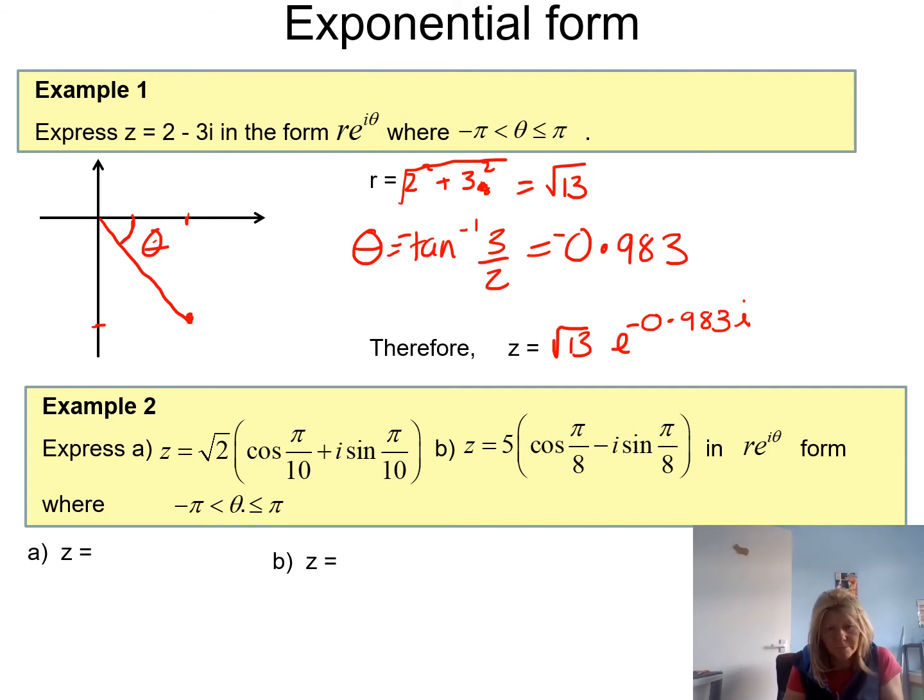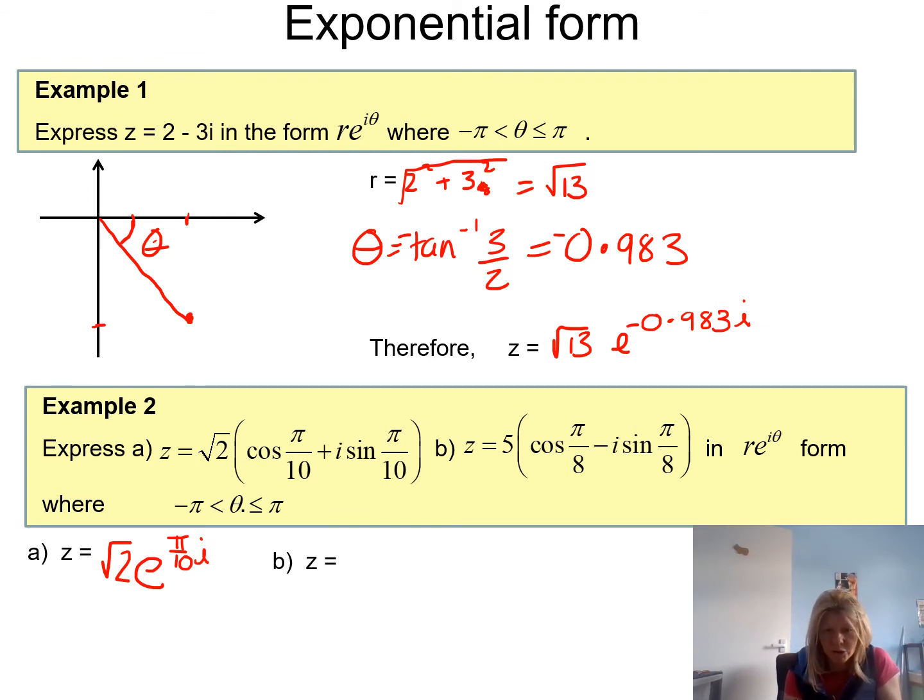Right, this one, express these in r e to the i theta. So this first one's dead easy because we can see r is root 2, and we can see theta is pi over 10. It's in polar form. Done. The second one, unfortunately not in polar form because there's a minus there.